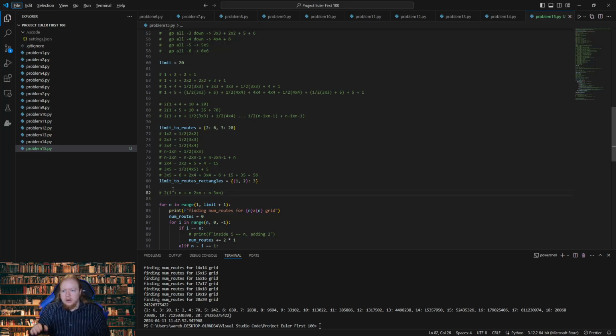So like in our 3 by 3, we'd ignore this part. But we basically get down to n minus n minus 1 by n.